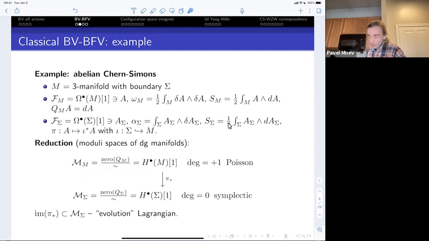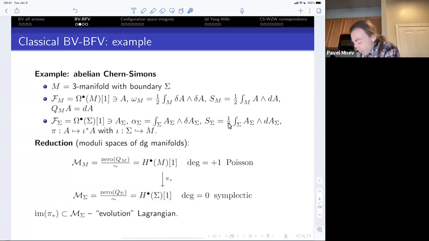You can do it for any gauge theory, but here the answers are particularly simple. You just obtain the de Rham cohomology for the bulk and for the boundary. And the projection from bulk to boundary here gives a map, which is no longer surjective. In fact, the image of this map is Lagrangian with respect to the symplectic structure on the boundary.